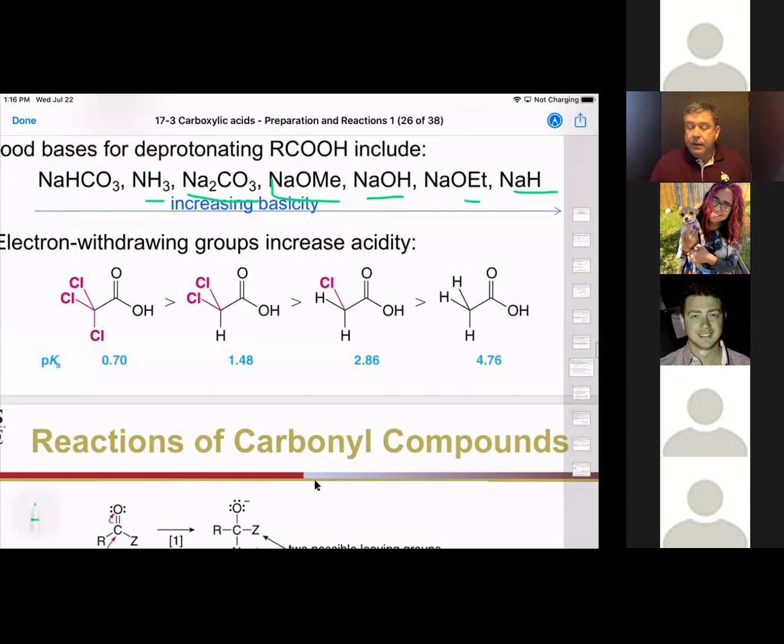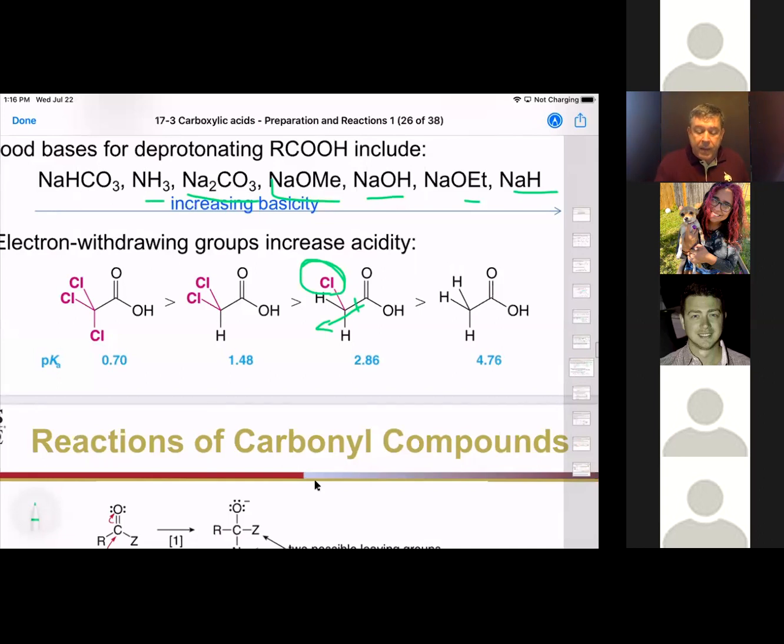The idea is that if you have an electron withdrawing group, an atom that is more electronegative than carbon, it can inductively pull electron density away from your carbonyl carbon. And if it does that, it'll stabilize that negative charge that is generated by the deprotonation. If it's stabilizing that negative charge, it's easier to remove that hydrogen. Therefore, it becomes more acidic.